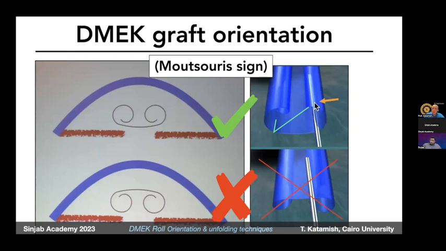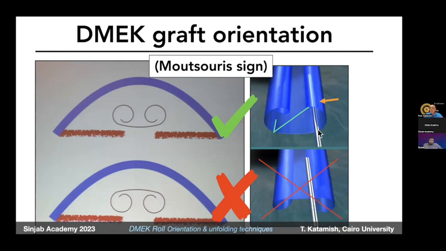If you see that your cannula is hidden under a scroll, this means that the scrolls are in the proper orientation. But if you have your graft inside the eye and you put the cannula above the graft and make sideway movement, you will not be able to go under the scroll, because the scroll is toward the iris in a wrong direction.